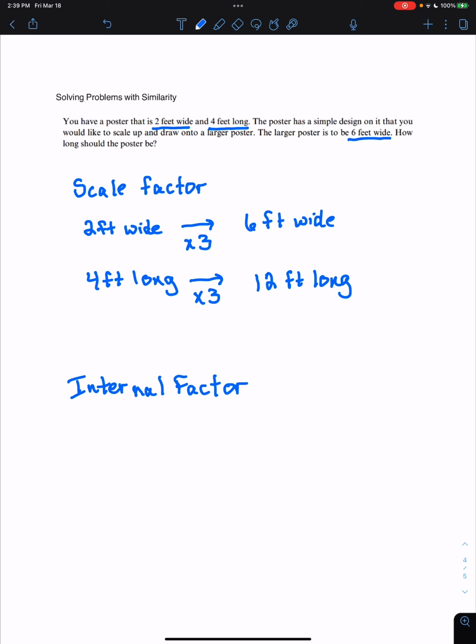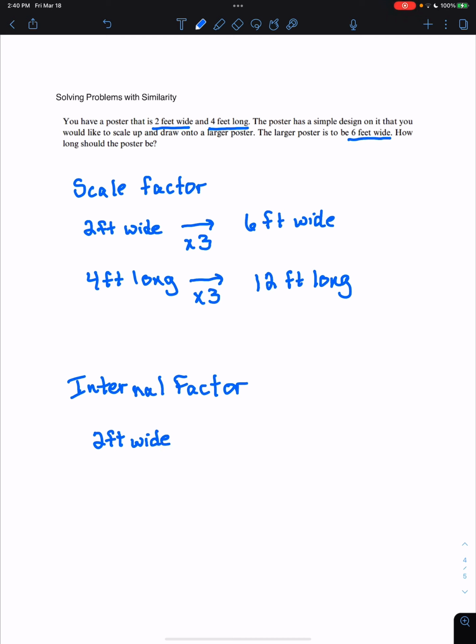Let's see if we can do this in a slightly different way with the internal factor method. Now for the internal factor method, we are going to set up a proportion, and we want to compare 2 feet wide.